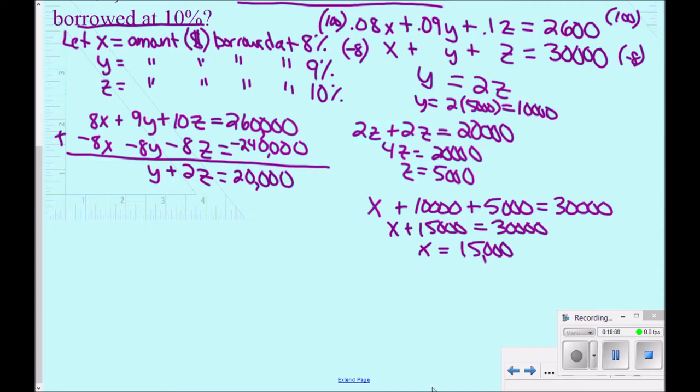Okay. So now let's answer our question. So the amount borrowed at 8% is x, which is $15,000.